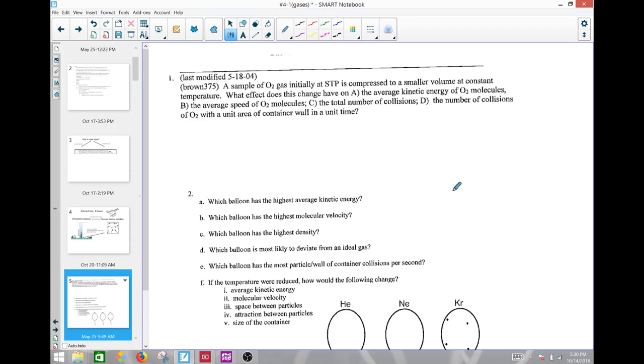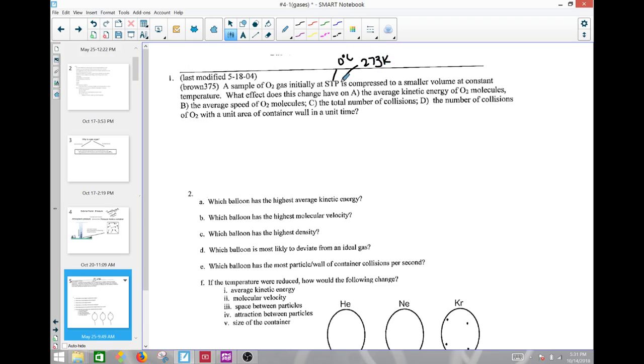All right, so here are some examples with some questions. We'll add on some notes as we go along to make sure we can answer them. A sample of gas, O2, is initially at STP. Make sure you understand STP in this area is going to be 0 degrees Celsius and 273 Kelvin, and that's the same thing.